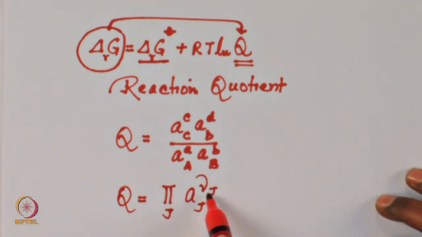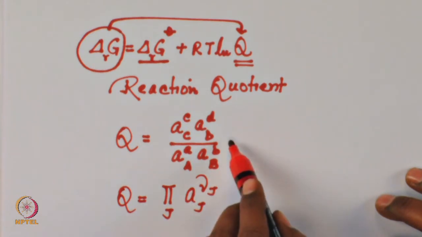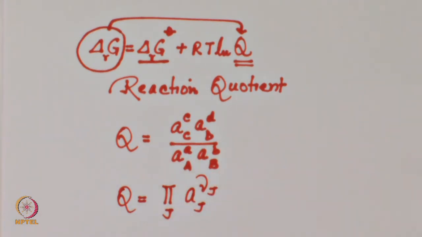Once again, the stoichiometric number will be positive for the product and negative for the reactant, and once you expand this for the given reaction you will get this expression. Let us keep this in mind and proceed.